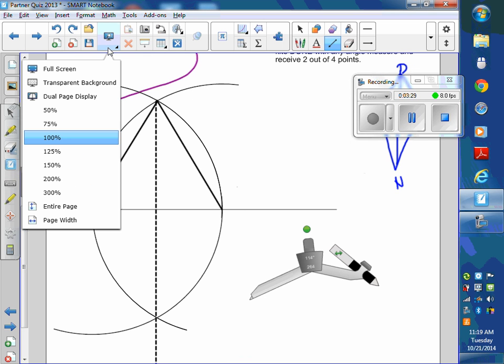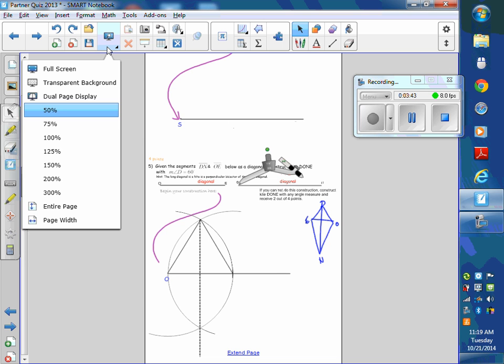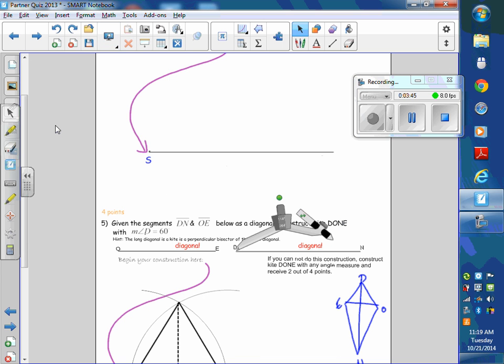So if we zoom out, I'm just going to take my compass and get the length of DN, which I can't do with my itty bitty compass. It doesn't reach. You see that? But it reaches on your paper, so you would get the length of DN.